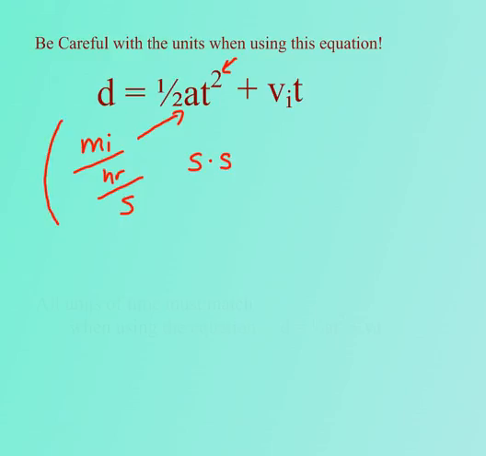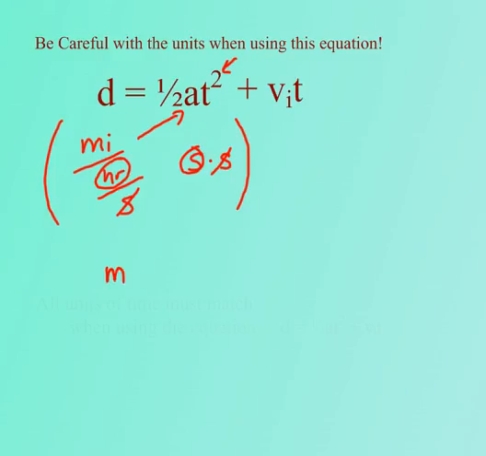When you go to multiply then 1/2 times a times t squared, one of the seconds will cancel, but the others will leave you no cancellation. You don't have a unit agreement, so you'll get a unit at the end that doesn't make any sense, and you'll get the problem wrong.